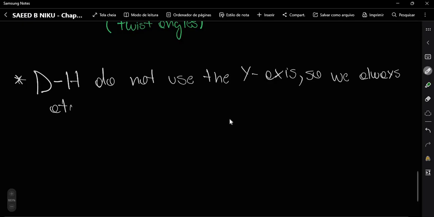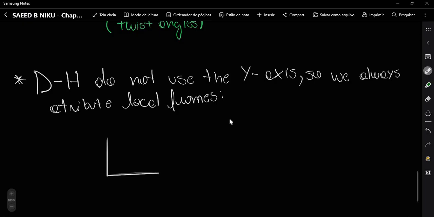attribute local frames, and these are the local frames that we will attribute. And do not fool yourself.